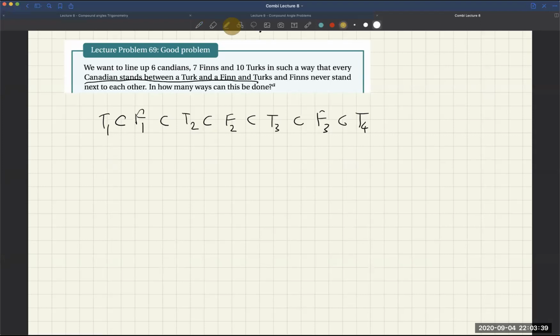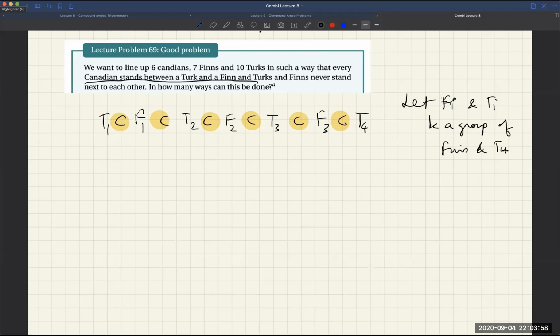So we are utilizing the Canadians well by putting them between a group of Turks and a group of Finns. Okay, so let Fi and Ti be a group of Finns and Turks. Am I clear with this, guys?